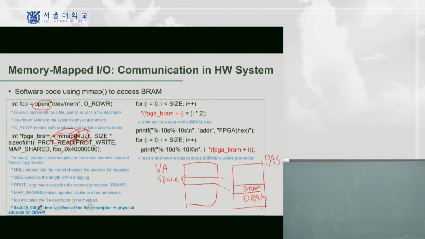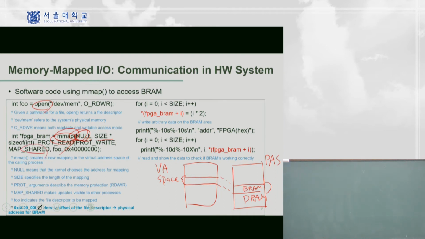The next one is the size of the mapping, how many bytes we want to create a mapping for. The next one is the protection flags. In this case, read and write, so you can both read and write the region. Sometimes you want to limit it to read-only or write-only, and so on.